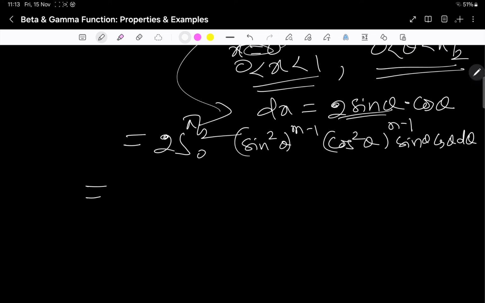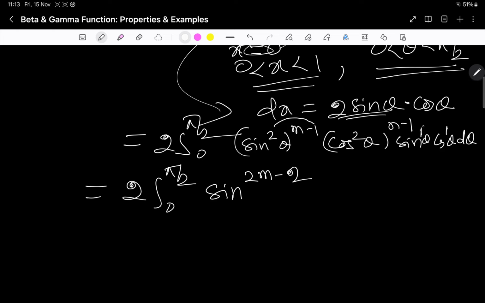Let us simplify it. So this will be twice integral 0 to pi by 2, sine, the power is 2m minus 2 and plus 1, so it is 2m minus 2 plus 1 theta. Similarly cos 2n minus 2 plus 1 theta d theta.